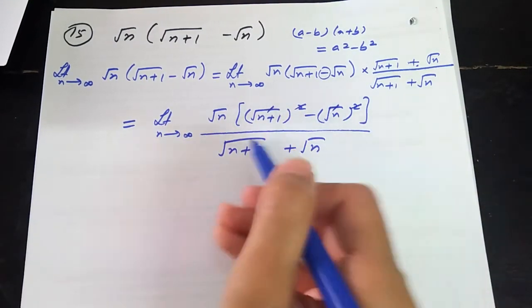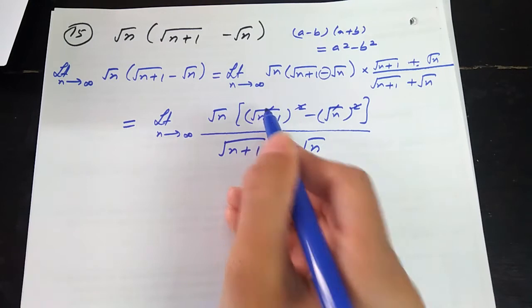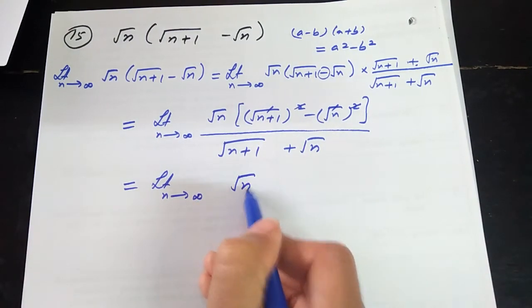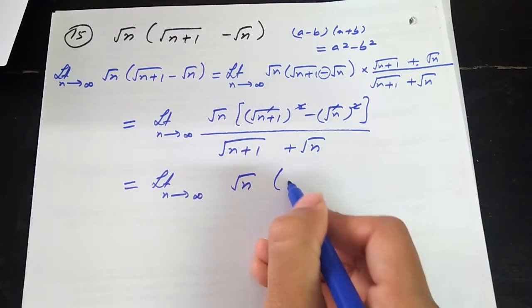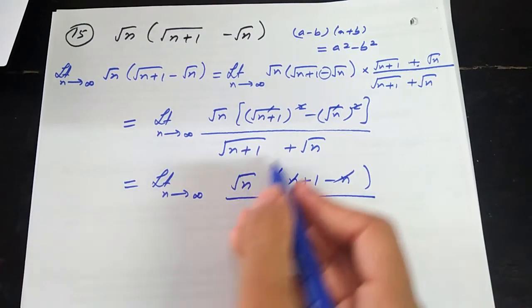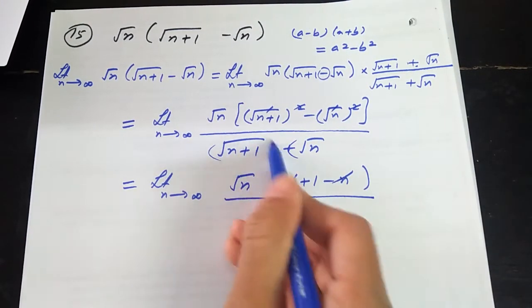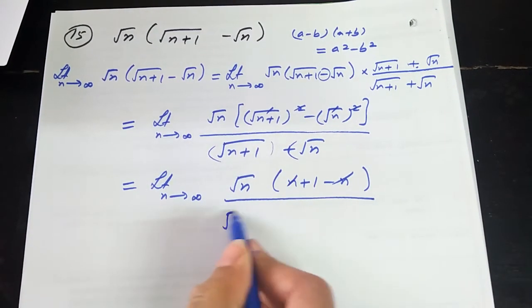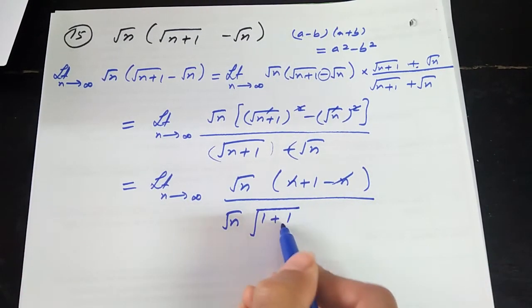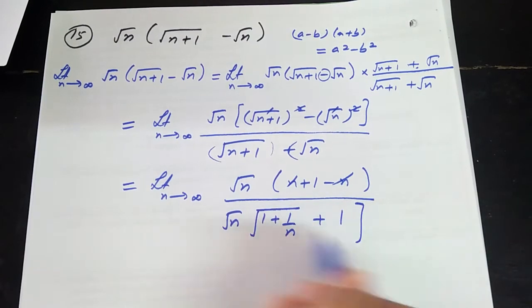This is cancelled because squaring the square root. So we get the limit of square root of n times (n plus 1 minus n), and this is cancelled, divided by... I can take square root of n common out of it, so it becomes square root of n, and I am left with square root of (1 plus 1 over n) plus 1.